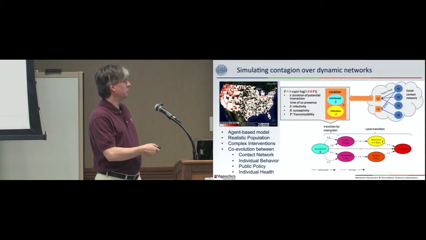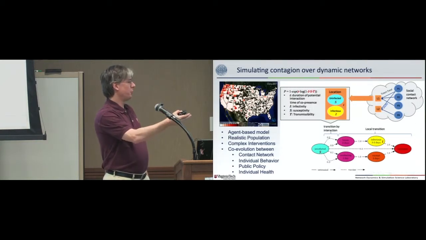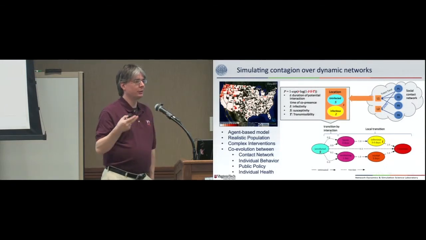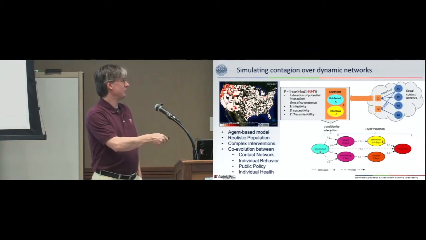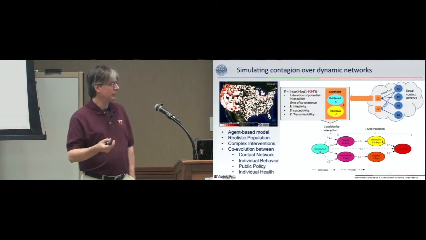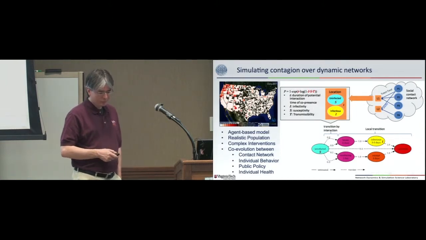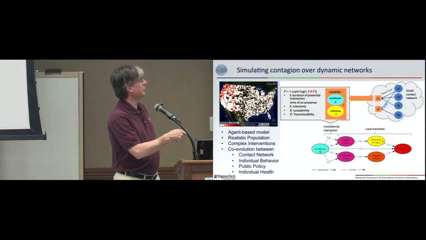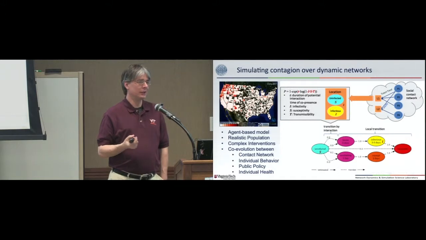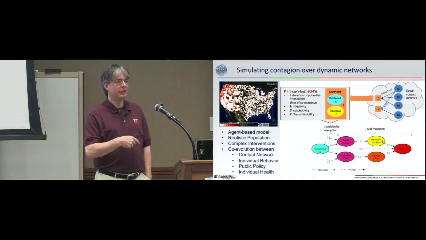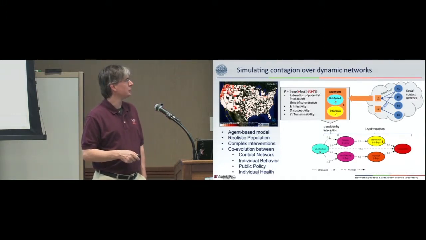So once a person gets infected by coming in contact with somebody else who's infected, then they take a probabilistic path through this automata. And then up here is how we calculate the probability of somebody getting infected. It basically depends on the time of contact and the infectivity and susceptibility of the two people.